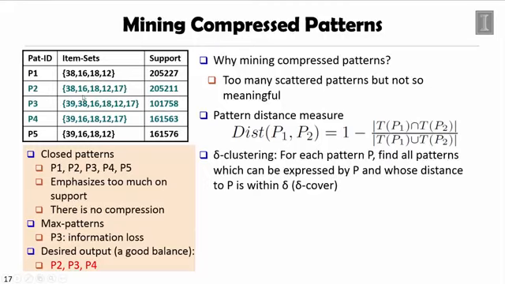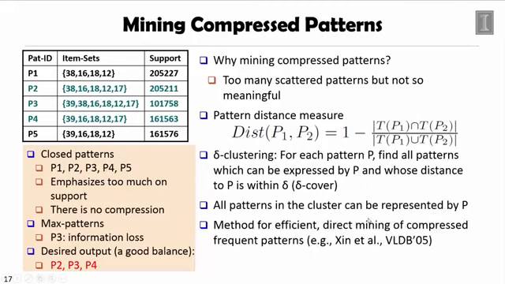Actually, you probably see P2 is a good one because P2 essentially can cover P1, because P1 just has a little less item sets, but their supports are so close that we may say they are within this delta cover. Okay. So for delta clustering, we will be able to cluster P1, P2 together using P2 to represent the pattern. That means if we do this delta clustering, then all the patterns in the cluster can be represented by one pattern P.